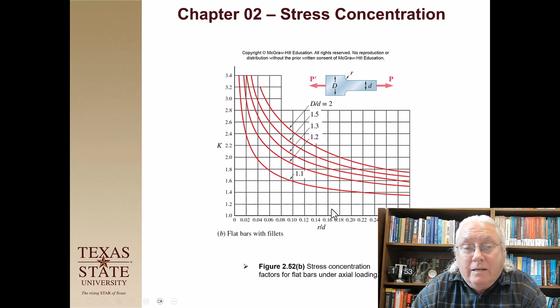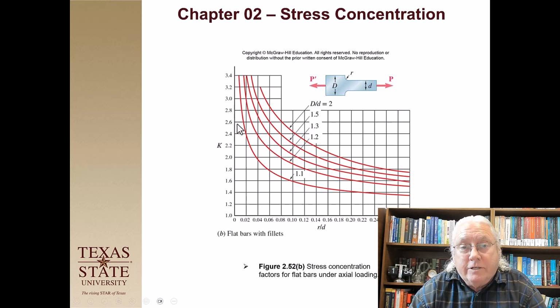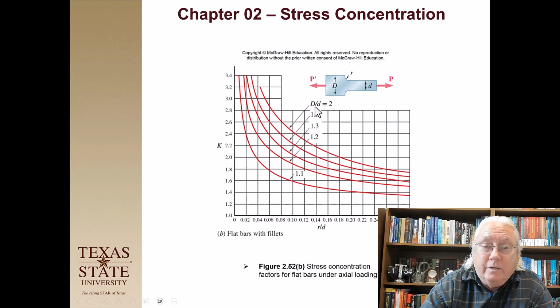And if you've got a big D over little d of 1.4, you'll have to interpolate between these two curves. So you can handle that. So that's how we calculate the stress concentration factors. There's a whole family of these charts in the back of the book, so you can see those when you work on the homework problems.